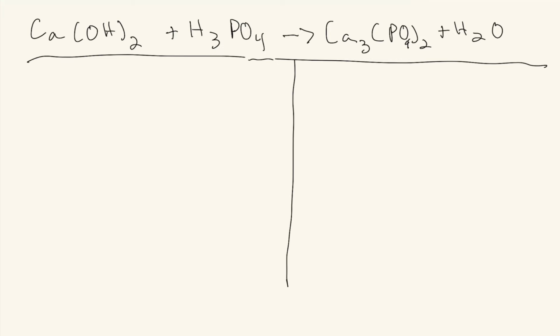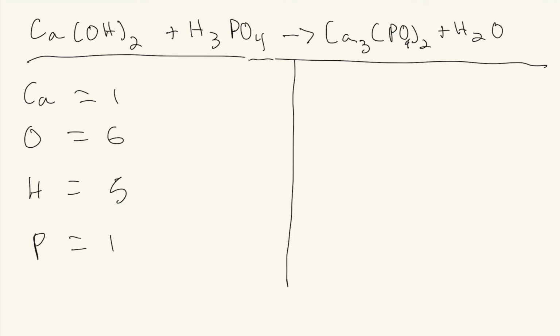So on the left side, we have calcium, we have oxygen, in which we'll have 2 oxygens here, and we'll have 4 there, so that'll be 6 oxygens. And then we'll look at hydrogen, and we'll say, okay, we have 2 hydrogens there, and we have 3 there, so that'll be 5 hydrogens, and we'll have only 1 phosphate.